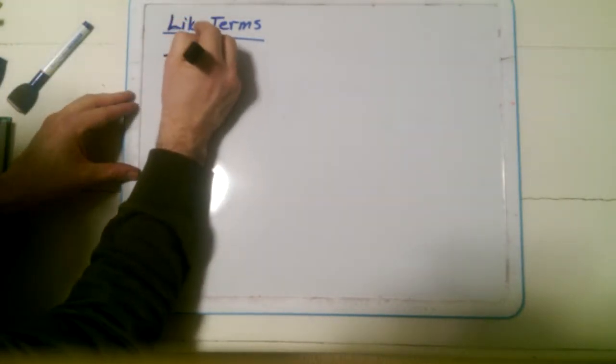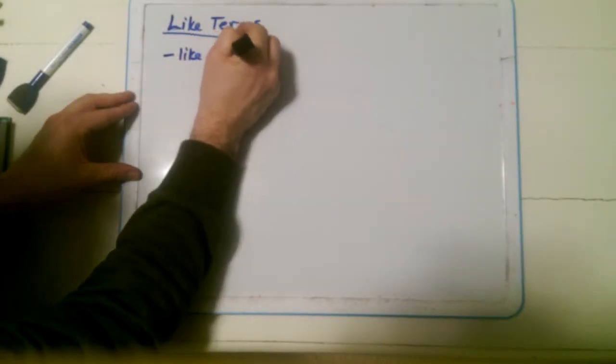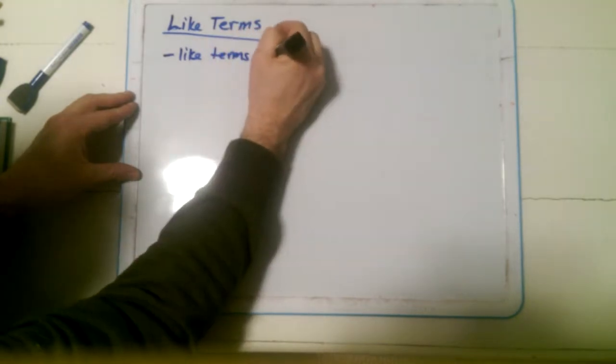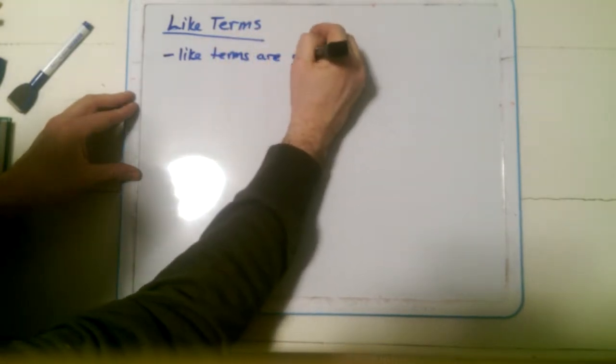So what a like term is, these are groups of numbers.